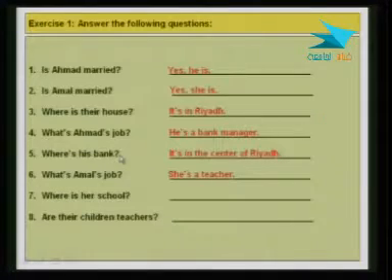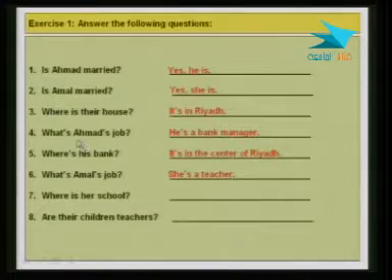Another way of asking this question is to say, where's Ahmed's bank? We can say that, or, where's his bank? And the reason we use his is because we just mentioned his name in the previous question.